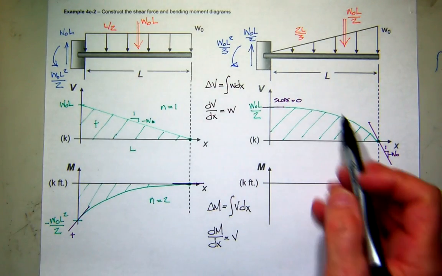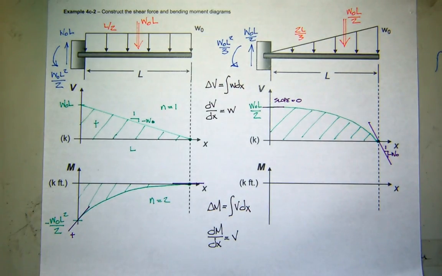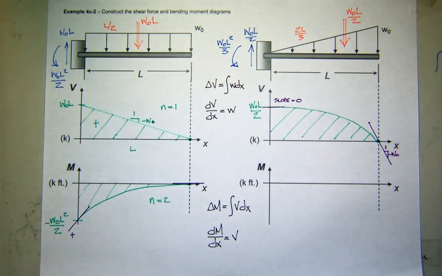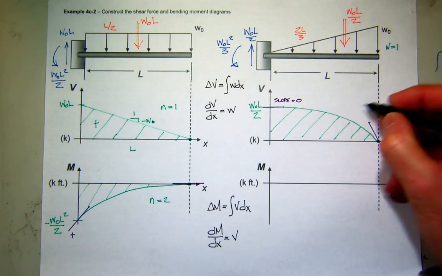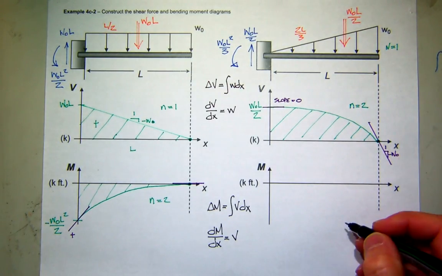So you look at the curve, maximum shear is right there. W naught L over 2 occurs at the fixed connection. So I started off here. This curve is order 1. So this curve is order 2. What's the moment going to be? Order 3, which means it's going to be cubic.